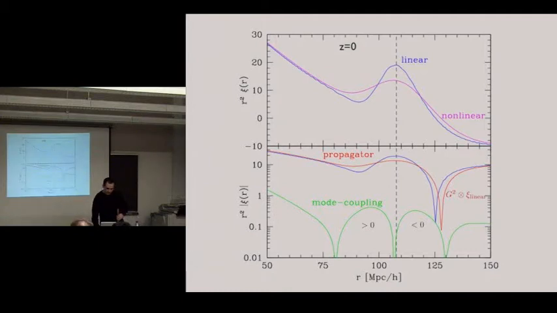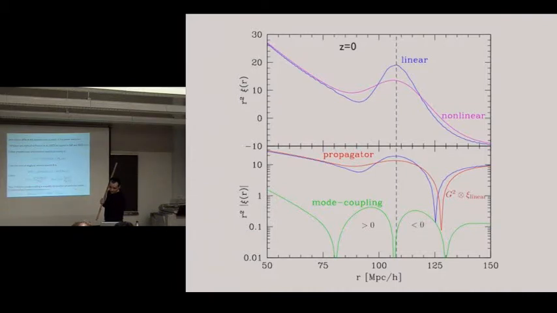So as I said, from the correlation function perspective, the telltale feature is that this mode coupling generates a shift of the acoustic scale, and that can bias your determination of cosmology, for example, the dark energy equation of state.